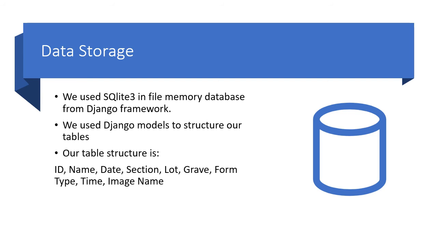Date is the date when he was buried. The section, lot, grave belong to the graveyard. The form type is the type of the form from our dataset. The time indicates the time at which the image was processed, and the image name has the image details.